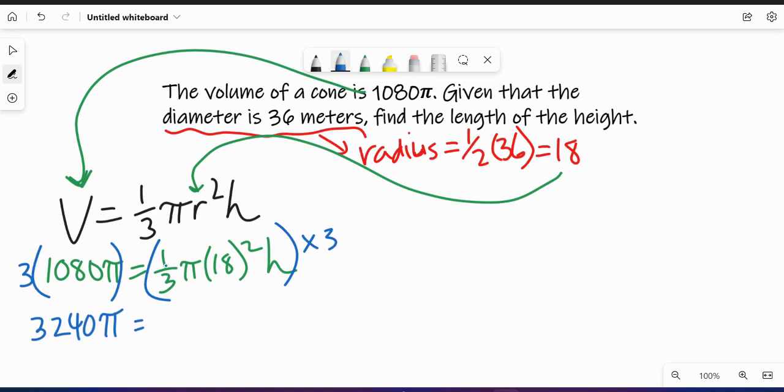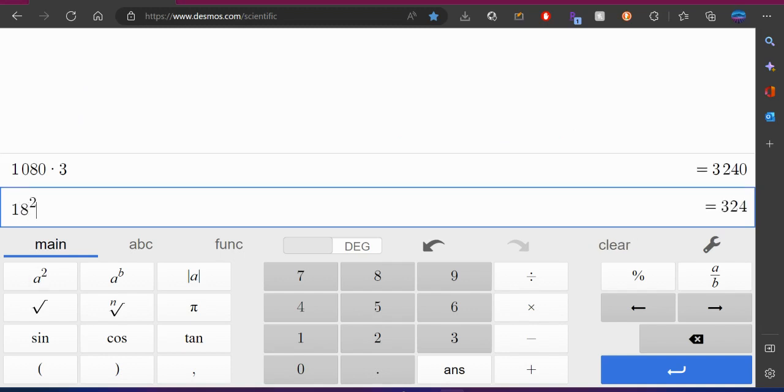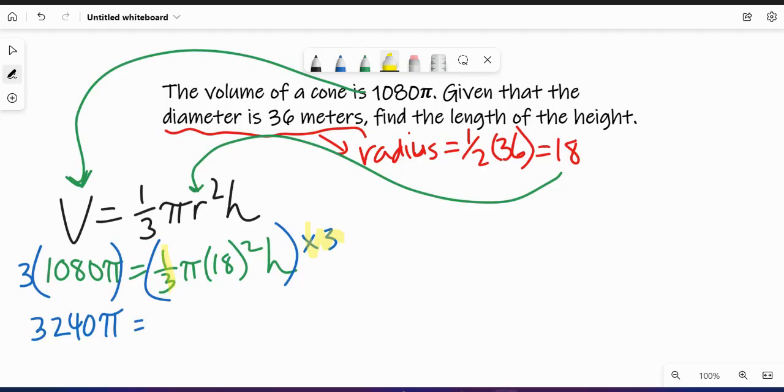Now we're able to cancel these out on this side, and then I'm just left with what I had before. Remember, we just had to figure out what 18 squared is. 18 times 18 is 324.